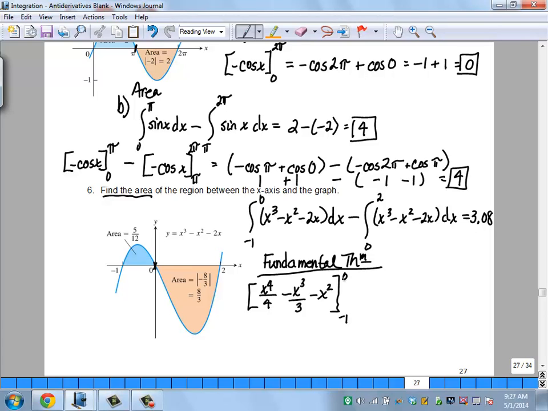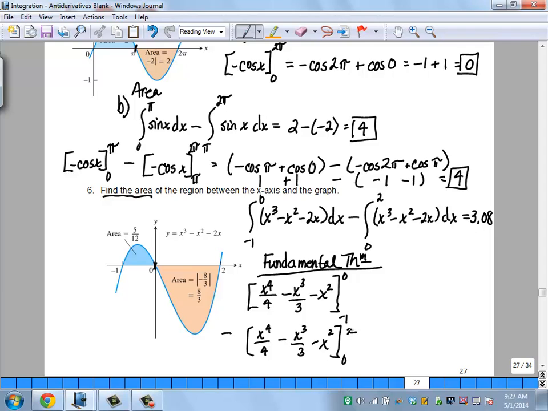And when you go through and do all the work with that and plug it all in, you're going to show that, and we're going to subtract x to the 4th over 4 minus x cubed over 3 minus x squared, and we're going to evaluate that from 0 to 2.